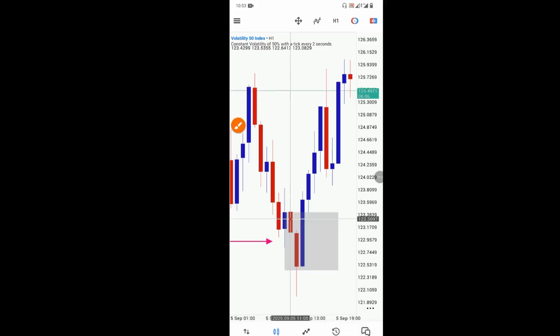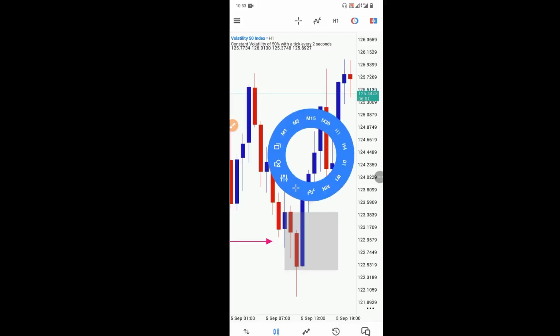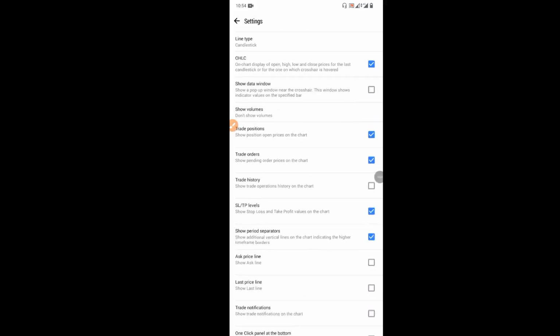Where to set it: you might not have it set, but when you come to your settings, you can see it here, OHLC, just turn it on. That is open, high, low, and close. The first number is the opening price, the second one is the high of that candle, then the next one, the low, then the close of that candle. So that's how to get that.